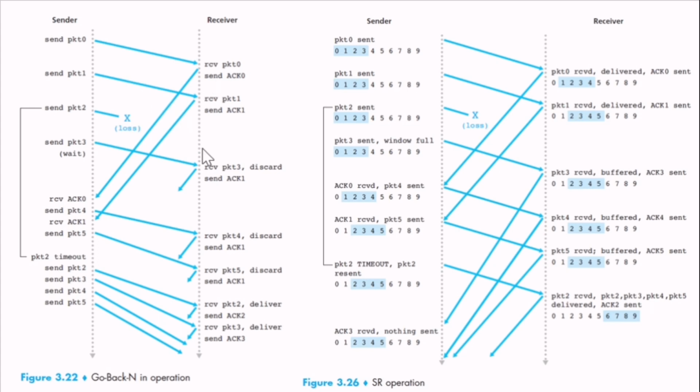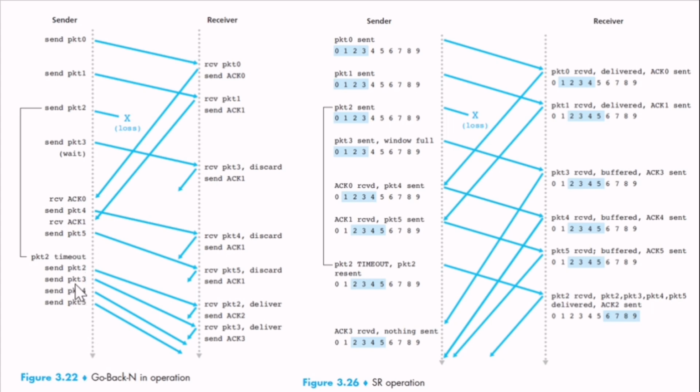It means that the receiver will not send the acknowledgement of packet 2 to the sender. The sender knows that if the receiver didn't send the acknowledgement, the packet 2 has not been received by the receiver. So after packet 5, it will retransmit packet 2.